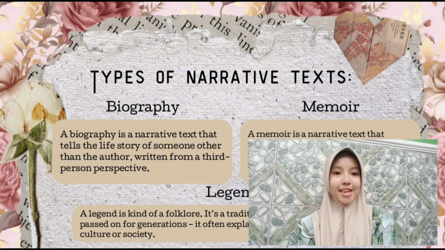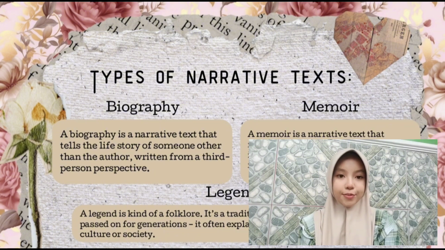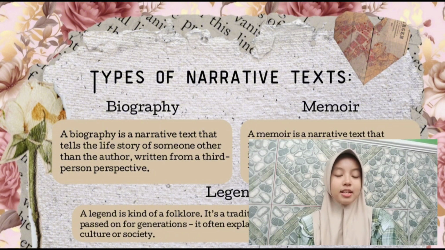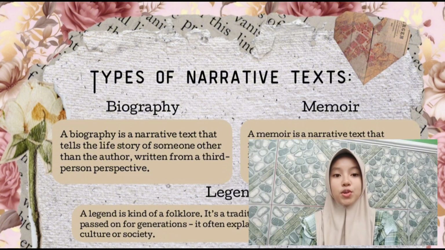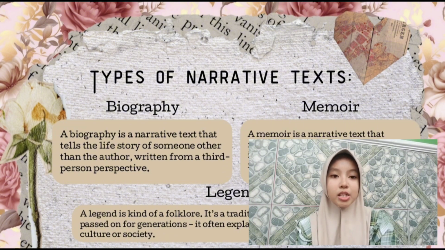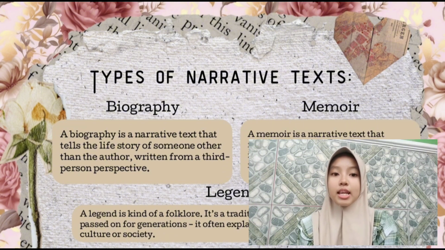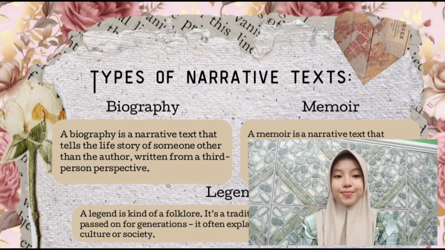A biography is a narrative text that tells the life story of someone other than the author, written from a third-person perspective. Memoir. A memoir is a narrative text that focuses on a particular period or event in the author's life, often written from a first-person perspective.